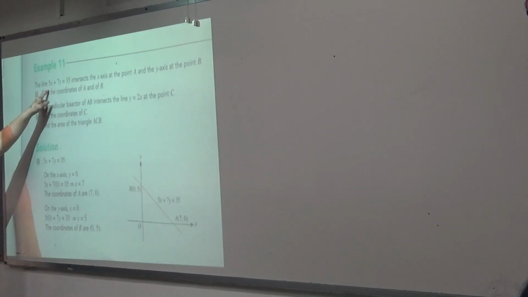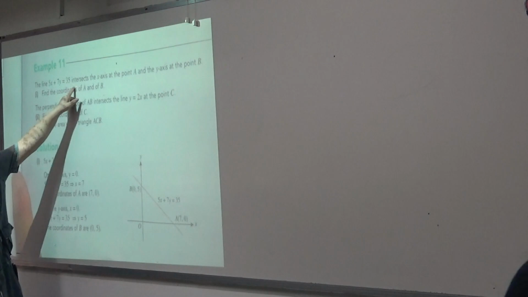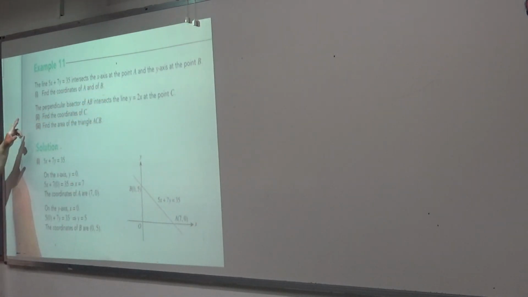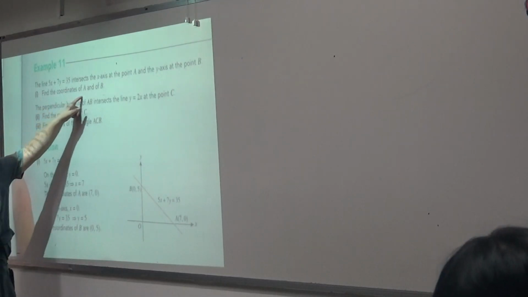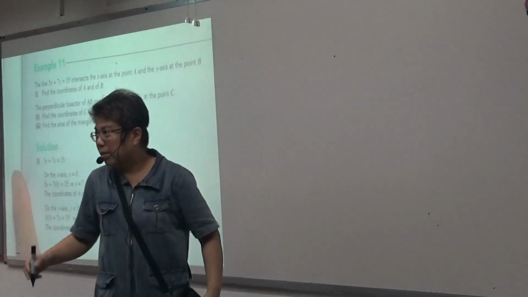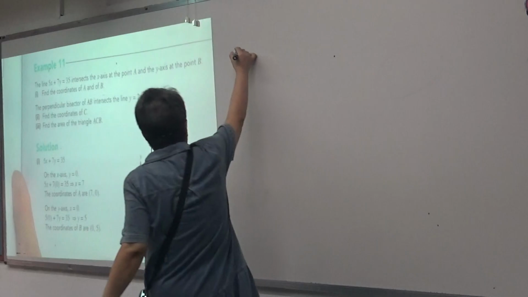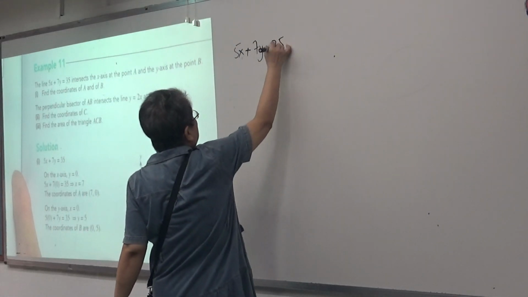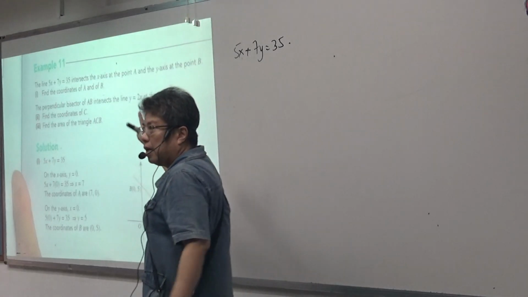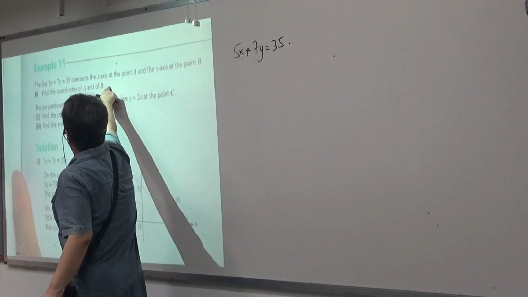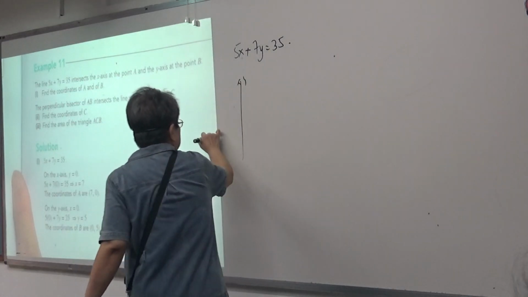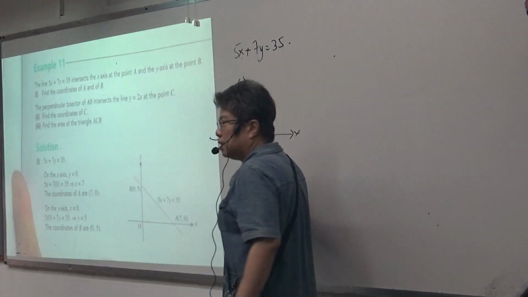The line 5x plus 7y equals 35 intersects the x-axis at point A and the y-axis at point B. Find the coordinates of A and B. Okay, now, I know the equation is this. It intersects the x-axis at point A. Now, if it intersects the x-axis, what is 0?